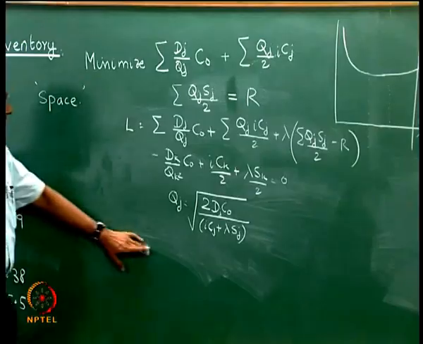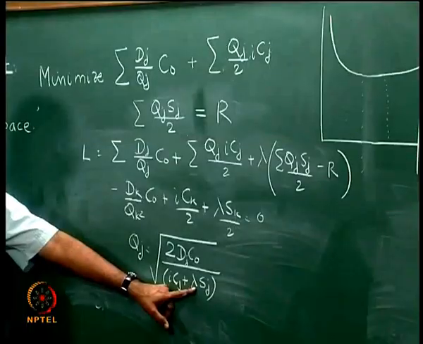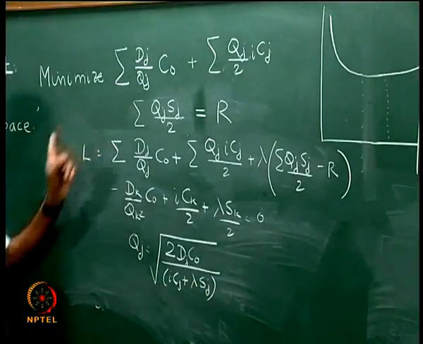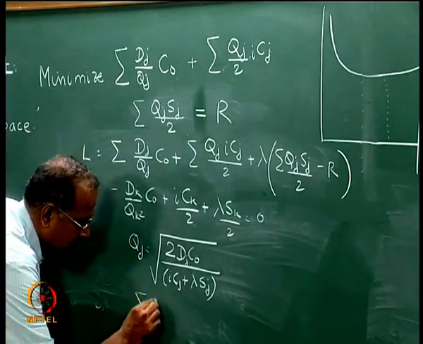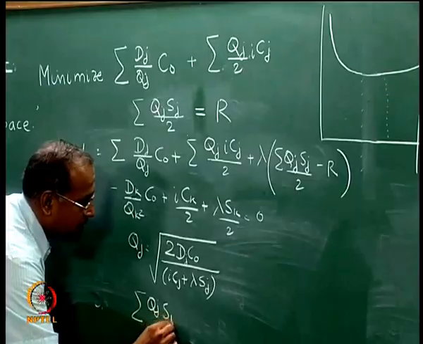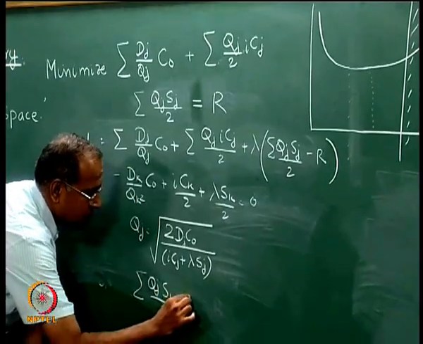Now, we do not know this value of lambda. So, in order to find lambda, we partially differentiate L with respect to lambda to get sigma qj Sj by 2 is equal to R.